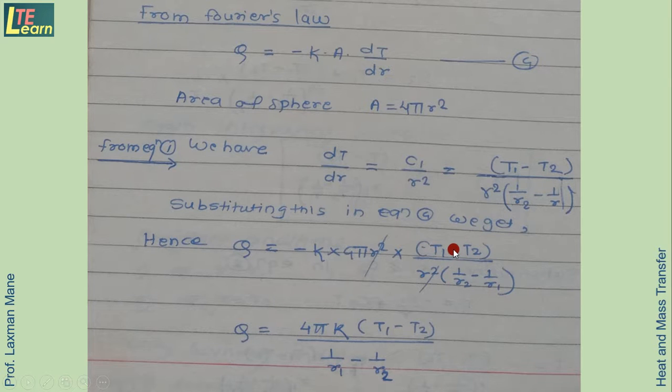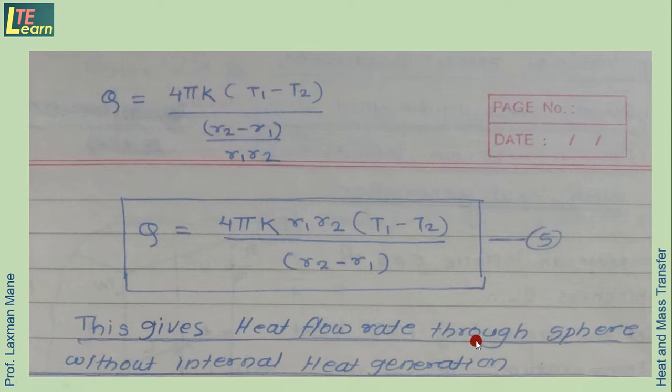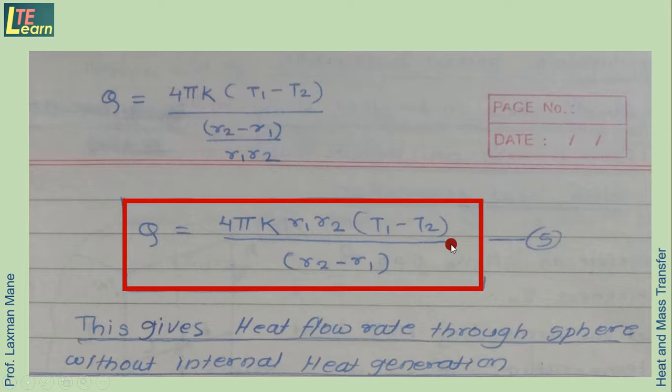Again we take the minus sign outside, so that this minus sign and this minus sign get cancelled. Remains 4 pi k into temperature difference divided by (1 upon R1 minus 1 upon R2). So again arranging the terms, finally we find this equation, that is the heat flow rate through a sphere without internal heat generation.